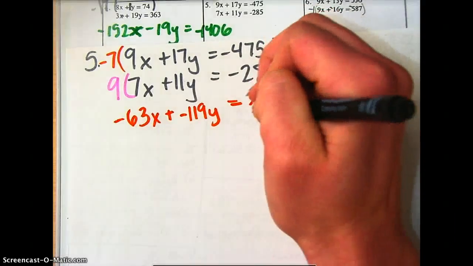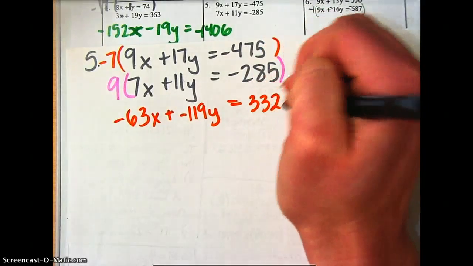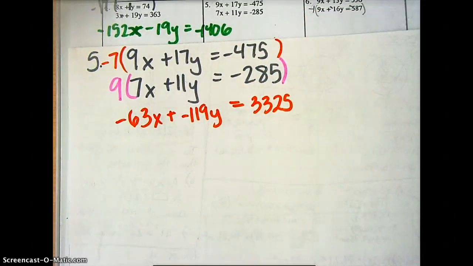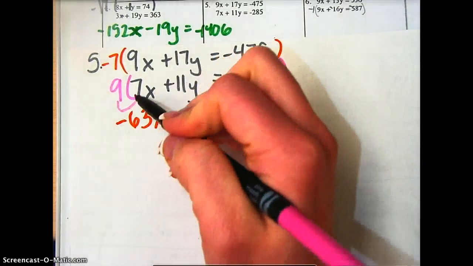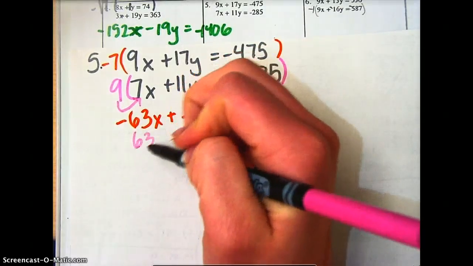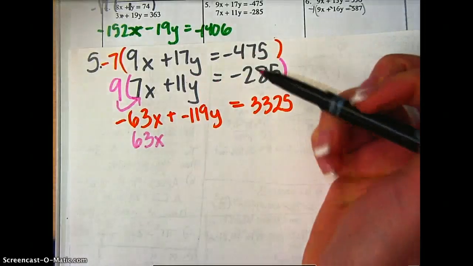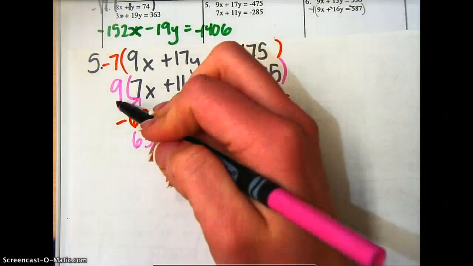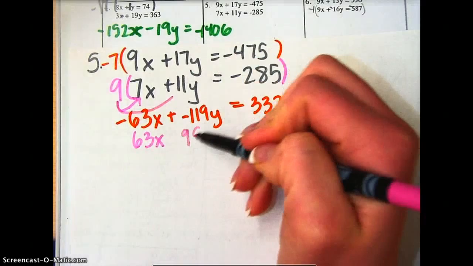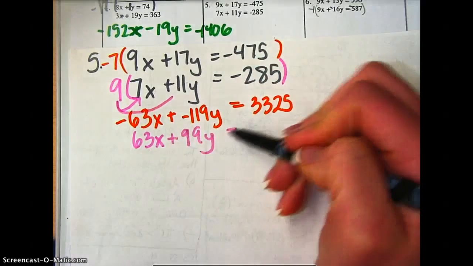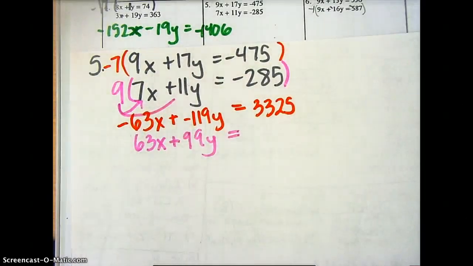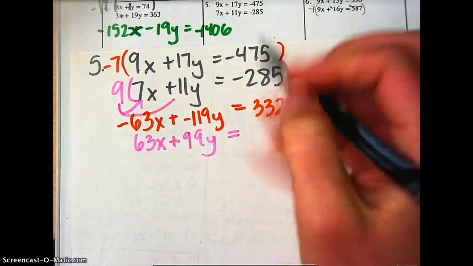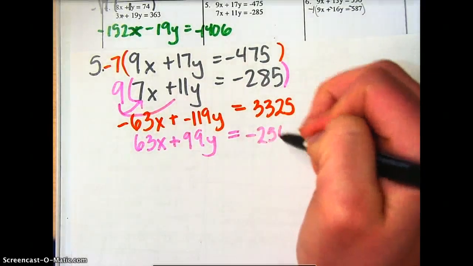And I get 3,325. Now look at what we're going to get in the bottom one. In the bottom one, we're going to do 9 times 7. We're also going to get 63, but it's positive this time. So the x's will eliminate, but I have to do it everywhere. 99y equals -285 times 9, which is -2,565.